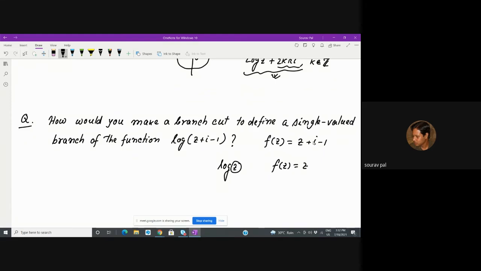Now, how can you find out branch cuts? You just find out one branch cut, that suffices. This is a question that I leave with you, and if you have followed this lecture, you can easily do it. So let us move to power functions.